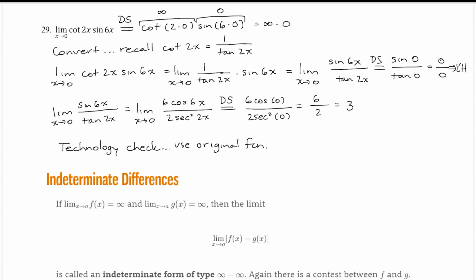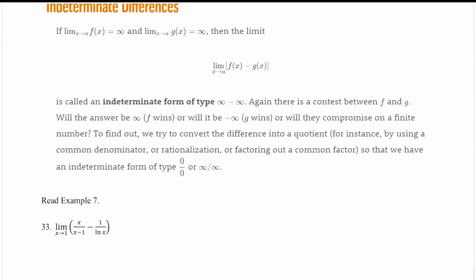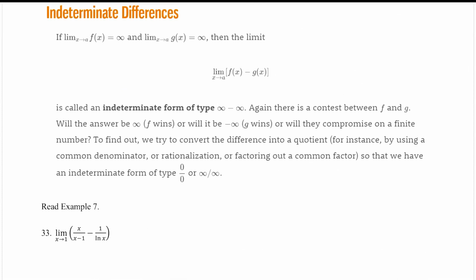Go back to the original limit of cotan 2x times sine of 6x and put that function in your y equals. You don't have a cotan key on your calculator that I know of, but you can type in 1 over the tan of 2x, and let x approach 0 from the left and the right in the table, and make sure the y values are approaching 3.